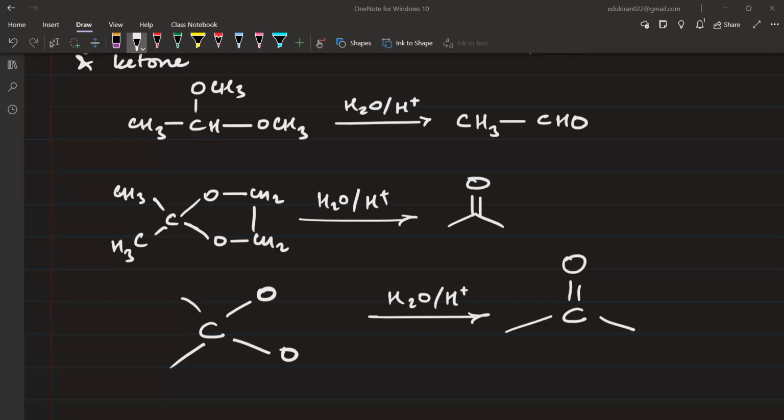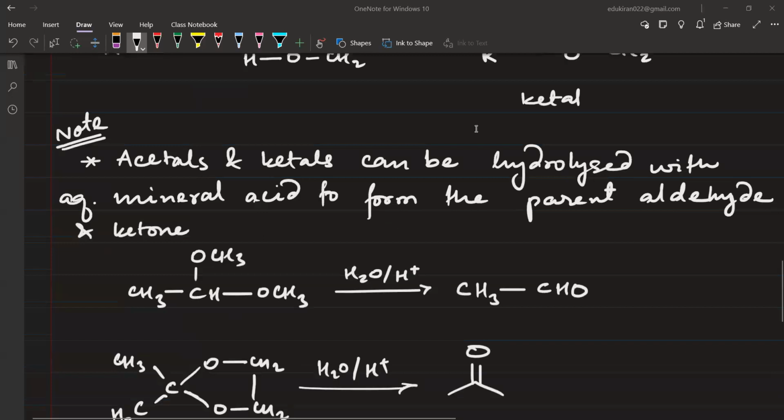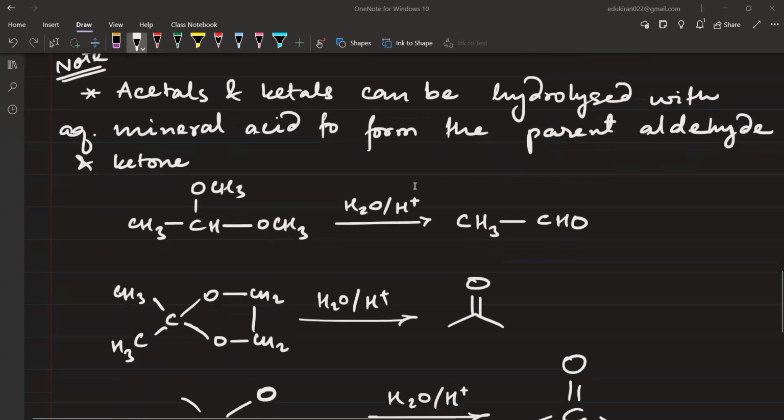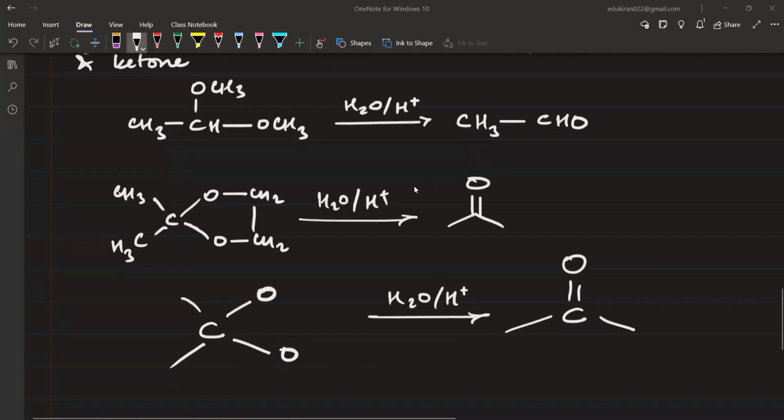So you have to learn whatever is present in NCERT and a bit right, left, up and down. If they have mentioned this line, that acetals and ketals can be hydrolyzed with aqueous mineral acid to form the parent aldehyde and ketone, they have just written this line. They have not mentioned these reactions also. So we need to study the reactions also.